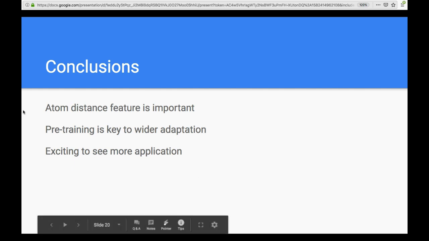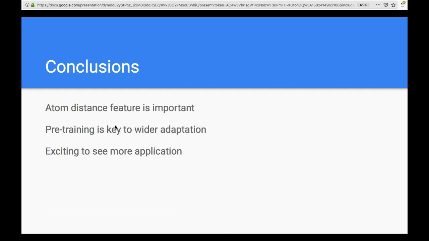And pre-training is key to wider adoption. Yeah, I believe so, because if you have a pre-trained model, other people don't need to train it from scratch, and they can use the pre-trained model to perform some downstream tasks. That's extremely helpful. Just like we use BERT as a pre-trained language model.